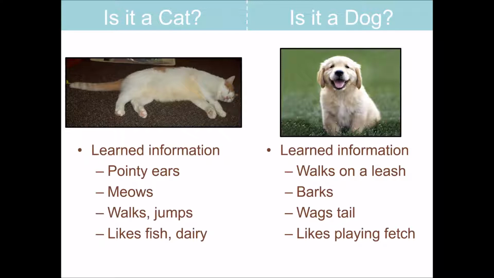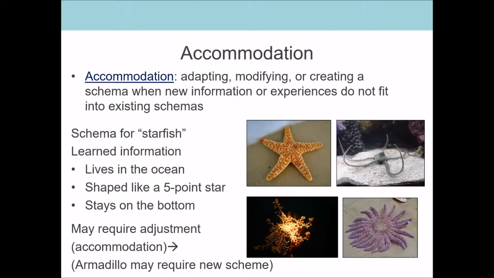So we have to create a new category. So accommodation is adapting, modifying, or creating a new schema when information doesn't fit into it. So it could be creating a brand new schema for dog when you encounter a dog for the first time, but also it could be an adjustment of an existing schema. So I showed you all those different types of starfish, and so you may have to adjust what your idea of a starfish is and expand it to include these different types, like the basket star, which is much different.